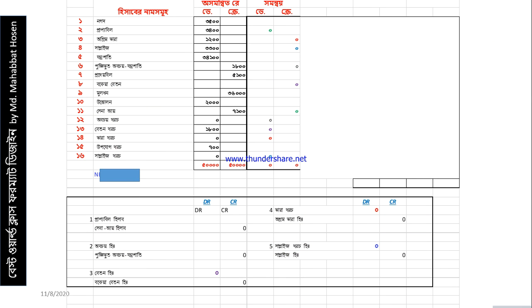Okay, so this is the trial balance that is given to you in your examination, and it is the adjusting column of a financial statement, so that from here the respective income statement and the balance sheet may be prepared.